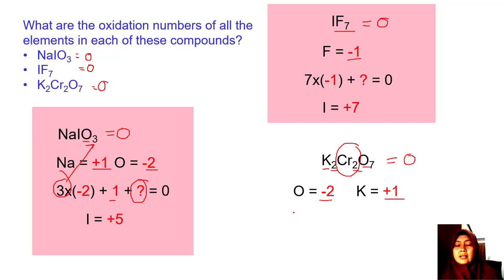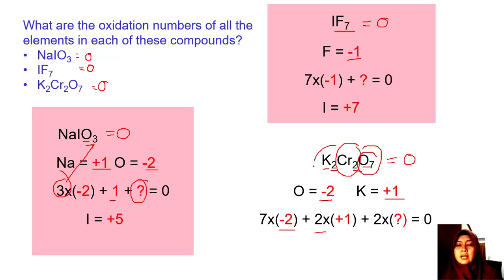So I can determine the oxidation number of chromium: 7 times -2, which is for oxygen, -2 being the oxidation number of oxygen, and then 2 times +1 for the potassium. Then we see that the x value, the unknown value here, is equal to +6. So the oxidation number of chromium is +6.